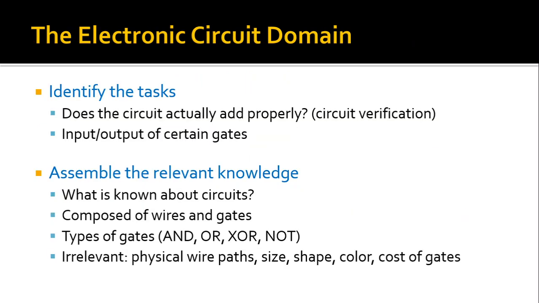So the first thing that we need to do is to identify the task. So what can be a task, like whether the circuit adds properly, right? So it is a kind of verification that we are doing over the circuit.